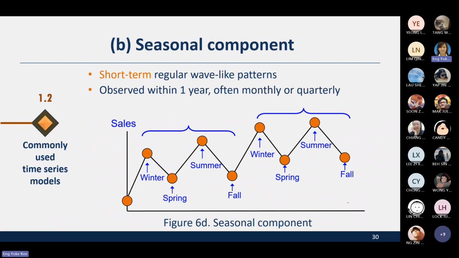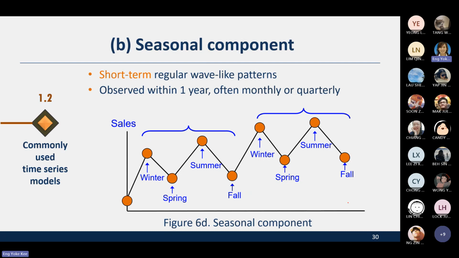Annual data is a low frequency data, right? So 1 year you can observe 1 time. High frequency data, for example, monthly data: 1 year you observe how many times? 12 times, right? So quarterly data, how many times you observe? 1 year you observe 4 times. So seasonal pattern normally exists in high frequency data, for example, monthly data or quarterly data.